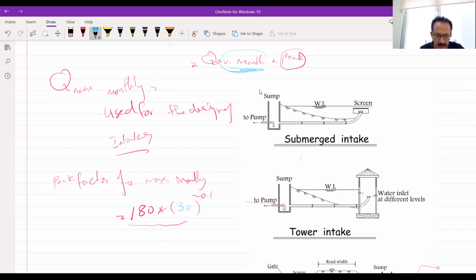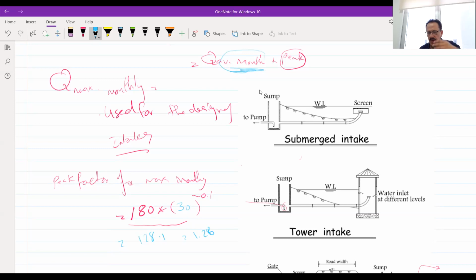30 to the power minus 0.1 becomes 0.71, times 1.80. It is equal to about 1.281, which means 1.28.